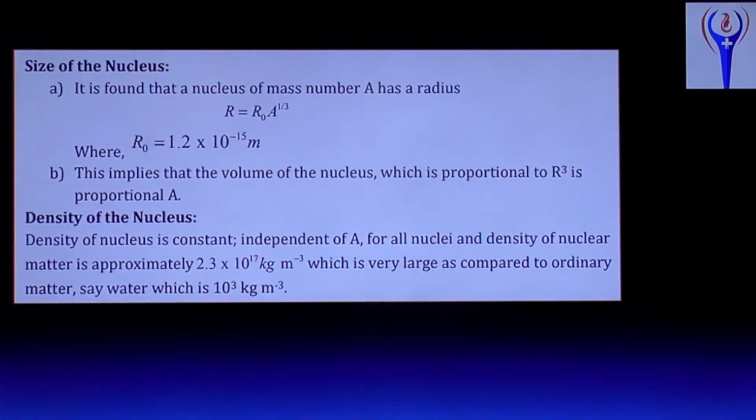A is the mass number. Is it so? This implies that the volume of the nucleus is proportional to R cube, which is proportional to A. Volume, that is V equals R cube.